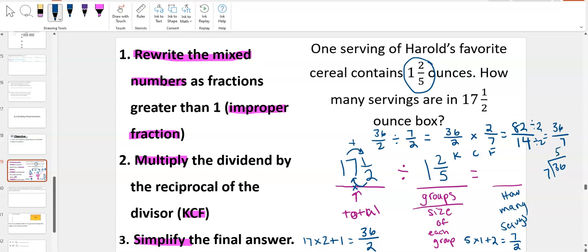That would be 12 times with 84, with 6 remaining. So 12 and 6/7 servings. All right, we're going to practice that some more. But remember, we wrote them as improper fractions, and then we keep, change, flip, and simplify.